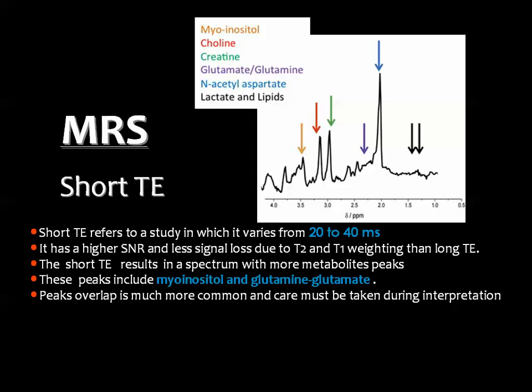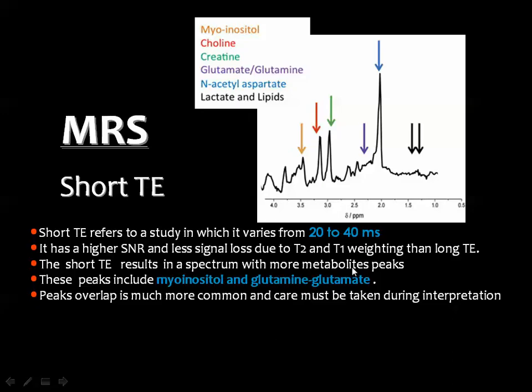By short TE, we mean echo times in the range of 20 to 40 milliseconds. This will have a higher signal to noise ratio and will also show many more metabolites compared to the long TE.